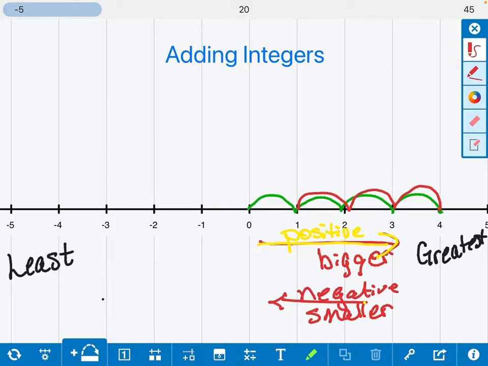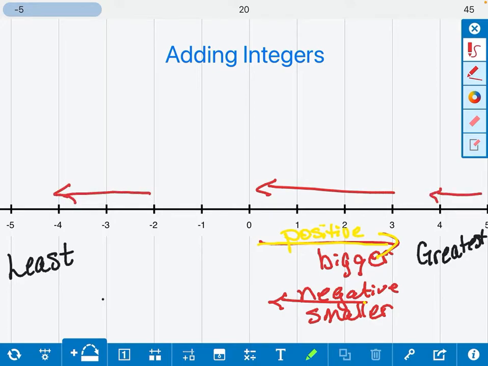It doesn't matter where you start on the number line. If the line is going to the left, it's negative. It doesn't have to be on the negative side. It just has to go towards the left.